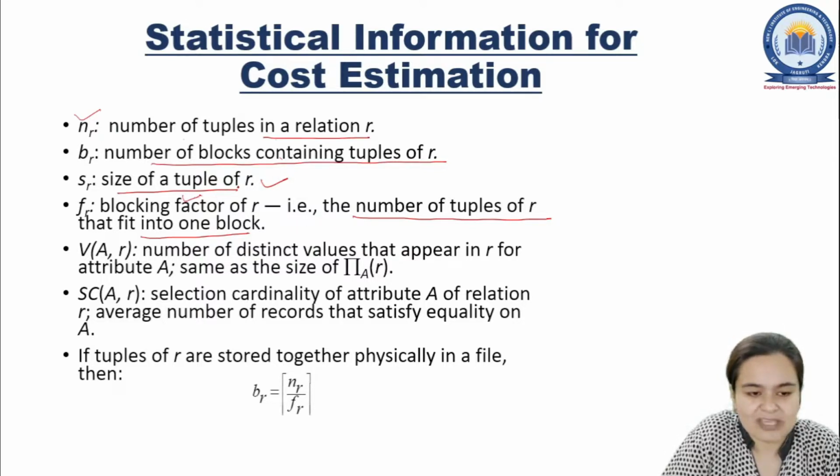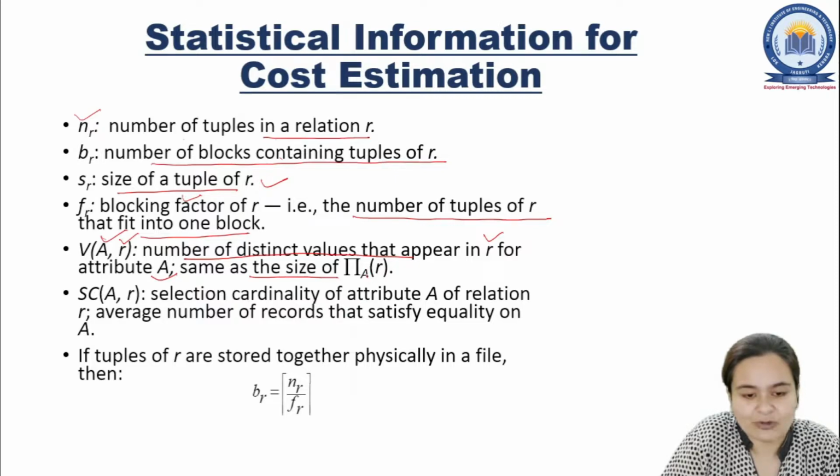And we have V(A, R), where A is an attribute of R and R is the relation. It is the number of distinct values that appear in R for attribute A, the same as projecting A from R.